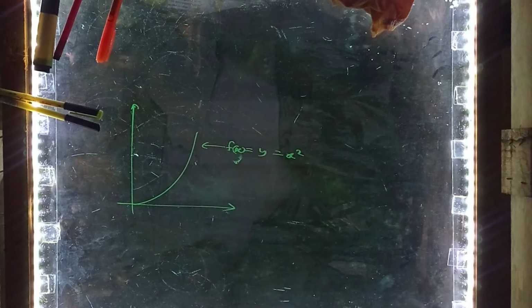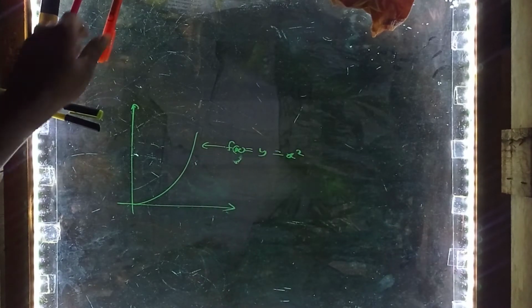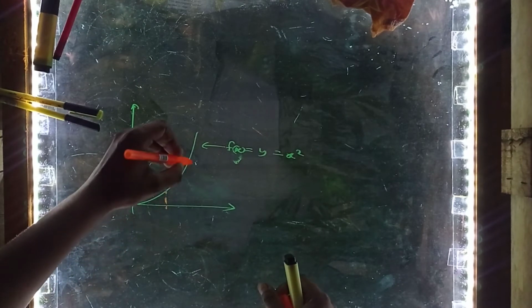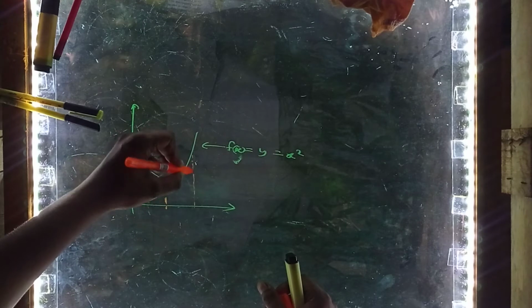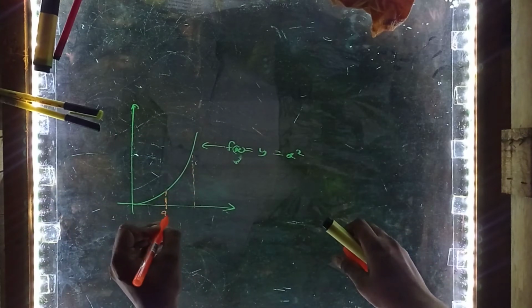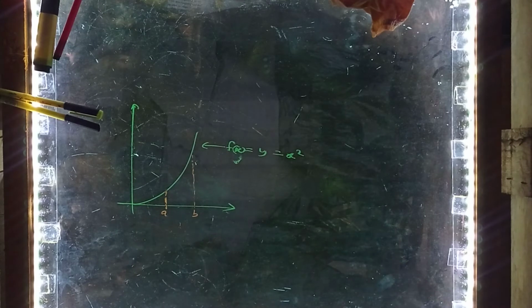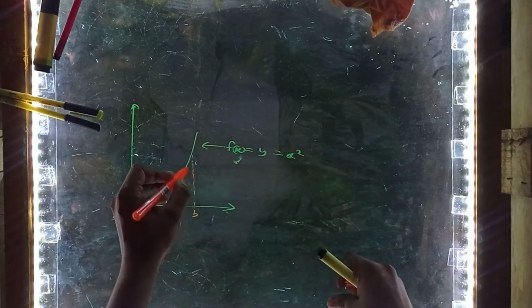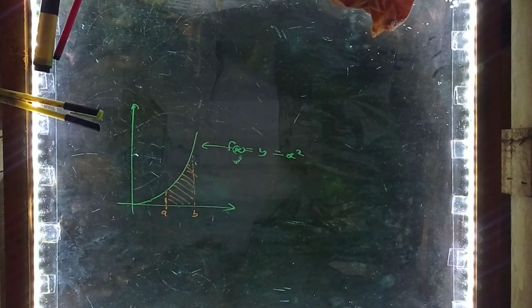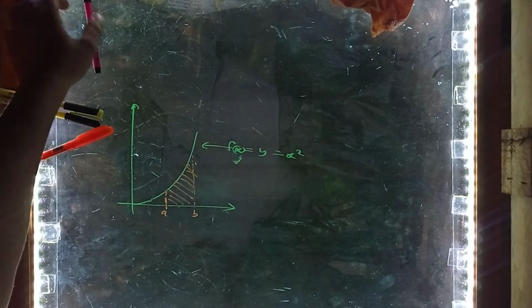This is a function. I'm going to find the area of the region from little a to b. Let's assume this shaded region is what I want to find out.